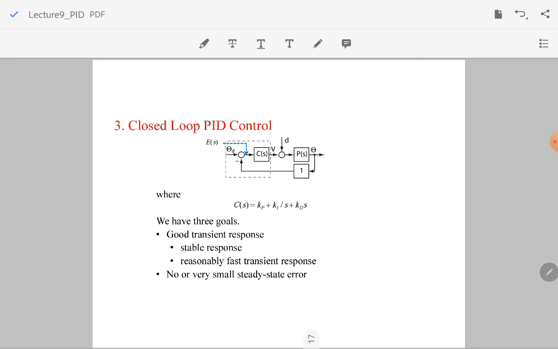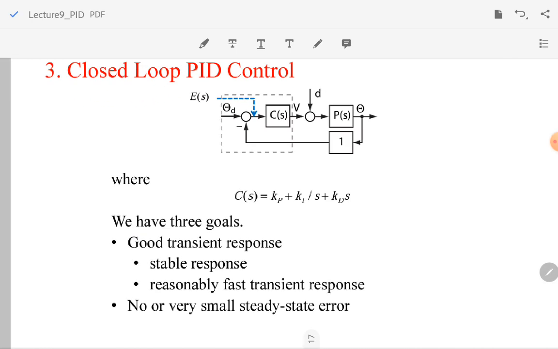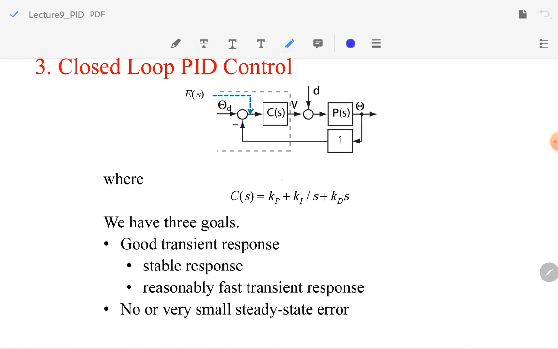When you have a closed loop, your compensator C is a PID control. So you have a proportional part, an integral part, and a derivative part. In the PID controller, we multiply the error signal by Kp, we multiply the integral of the error signal by Ki, and we multiply the derivative of the error signal by Kd.